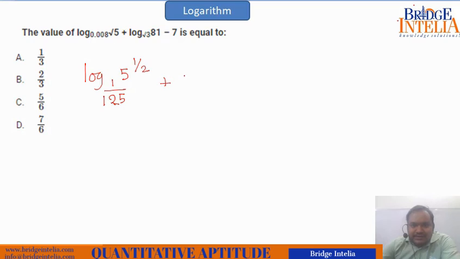Similarly, root 3 can be written as 3 to the power half. 81 can be written as 3 to the power 4, minus 7. Now you can apply the rule of exponents.